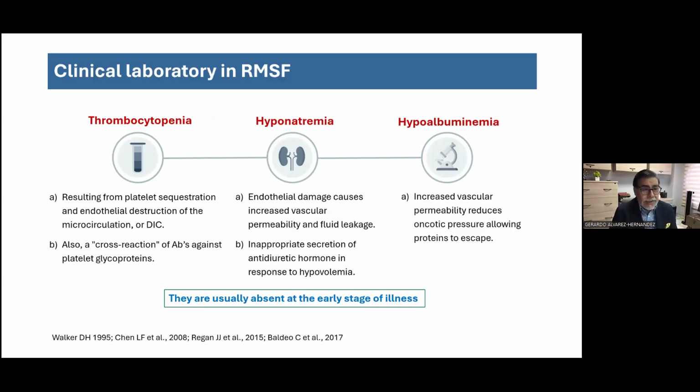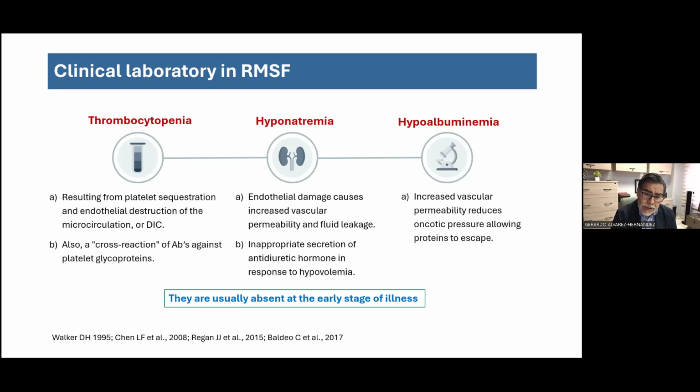So, as I mentioned, in this proportion of patients that are hospitalized, a low count of platelets, low serum sodium, and hypoalbuminemia are common in RMSF hospitalized patients because they share some pathophysiological mechanisms that explain not only the damage to the endothelium but the alterations in vascular permeability.